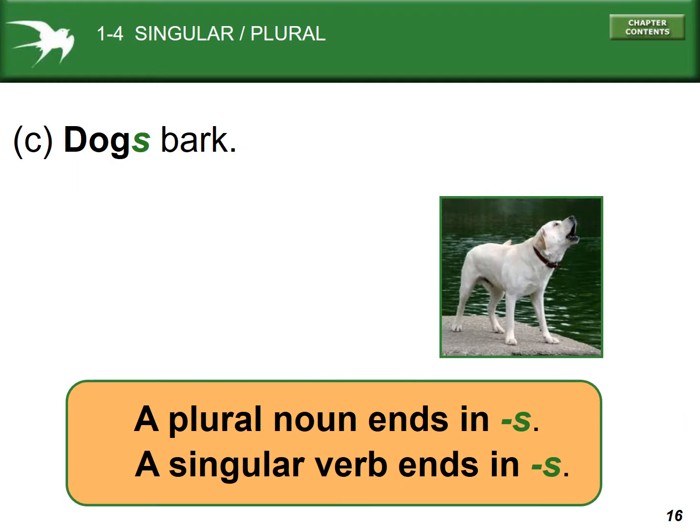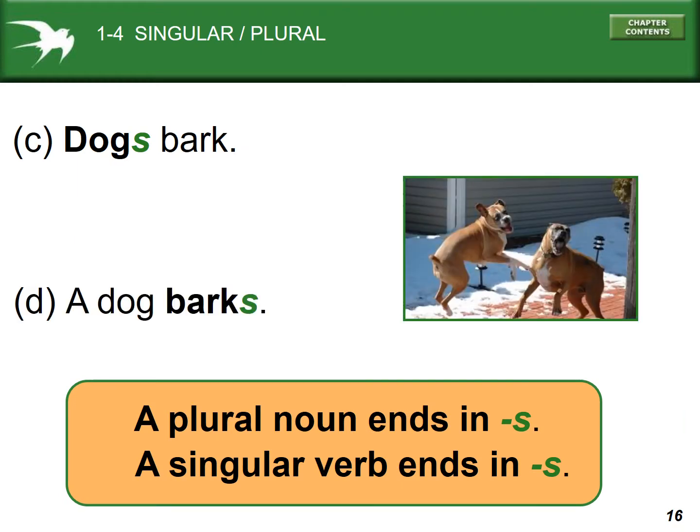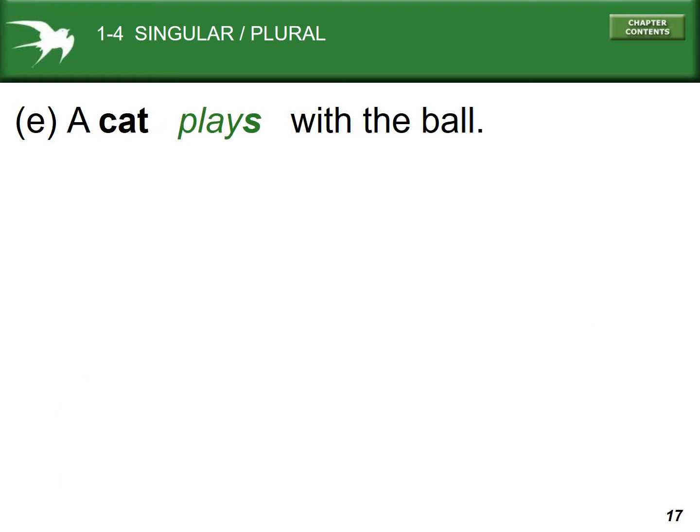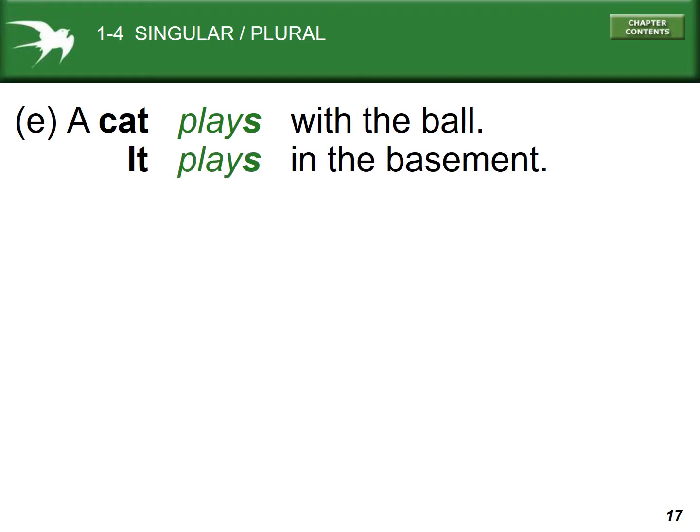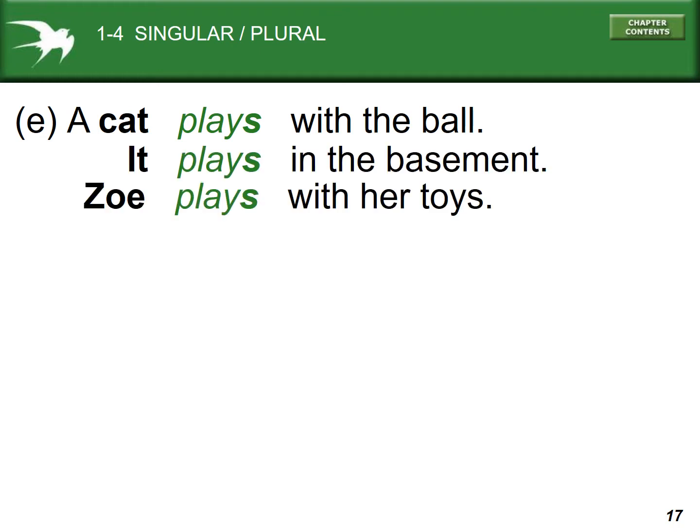So dogs bark, a dog barks. You can only use an S in one place in this case. If it is a singular subject, the verb takes S. If it is a plural subject, the verb does not take S. So a cat plays with the ball. It plays in the basement.